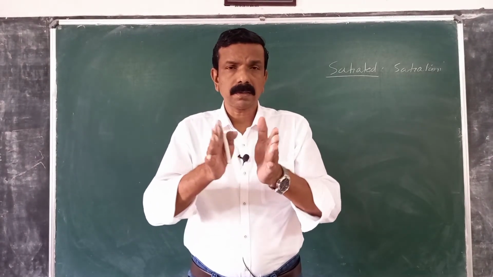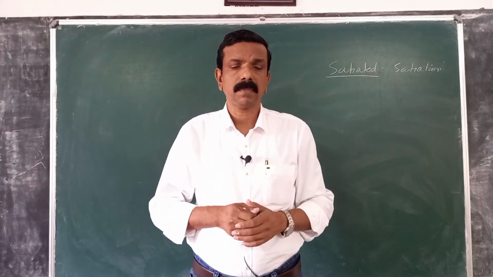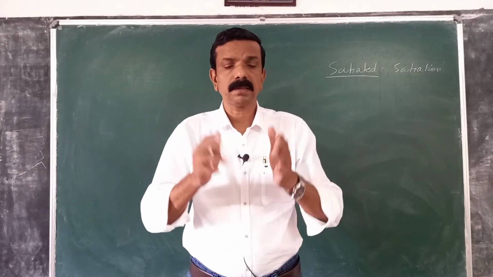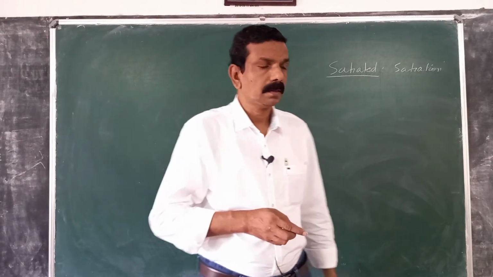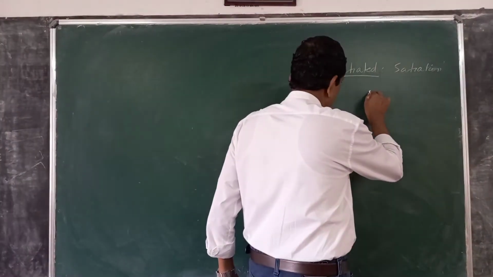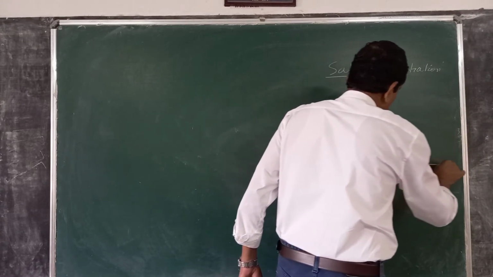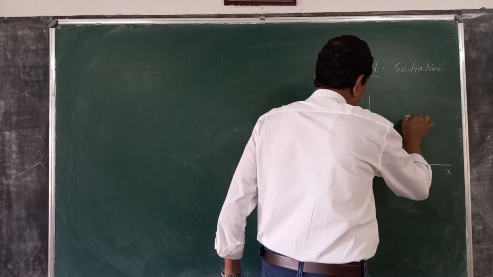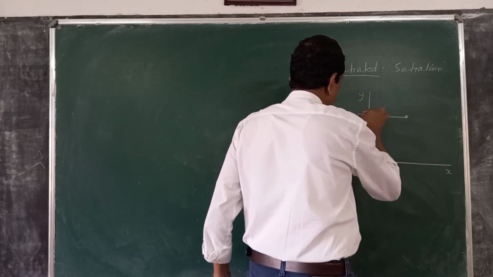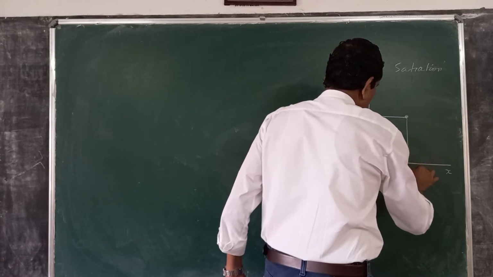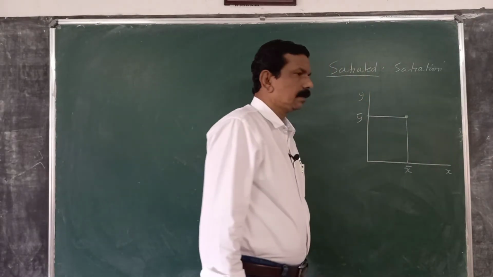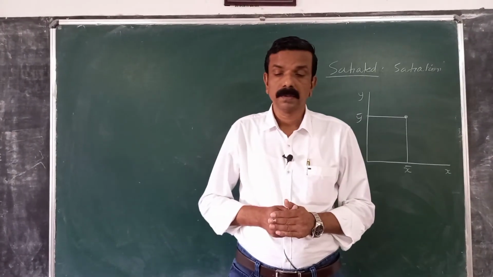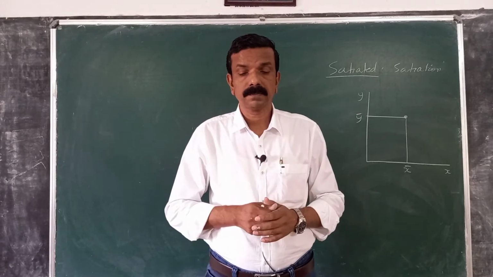The closer he is to this overall best bundle, the better off he is in terms of preferences. Suppose that for two commodities X and Y, the overall best bundle is given as X bar, Y bar. That is the most preferred bundle.